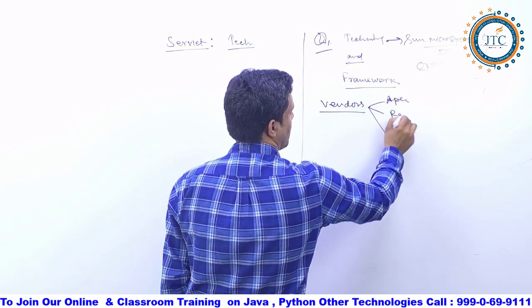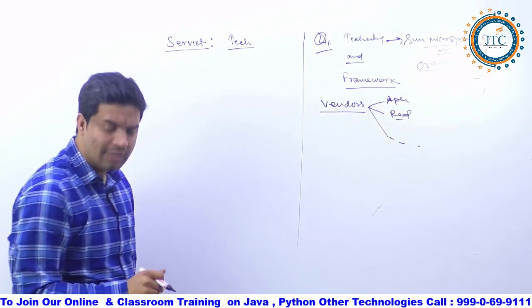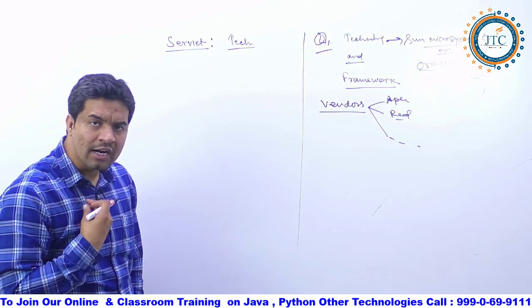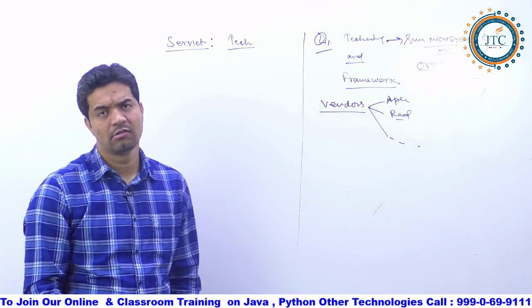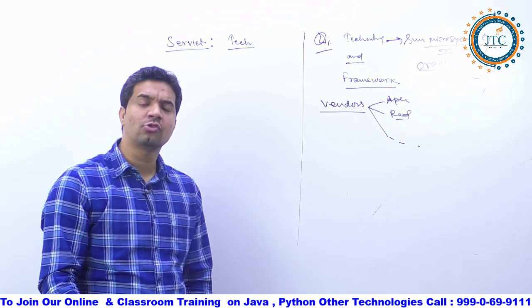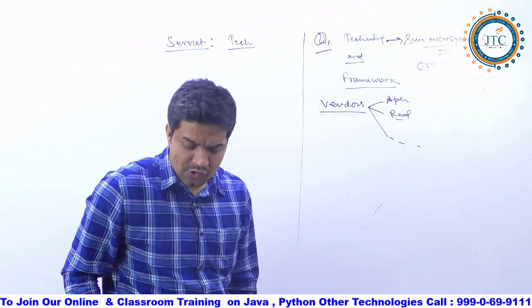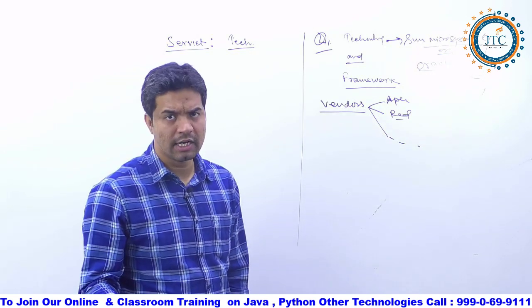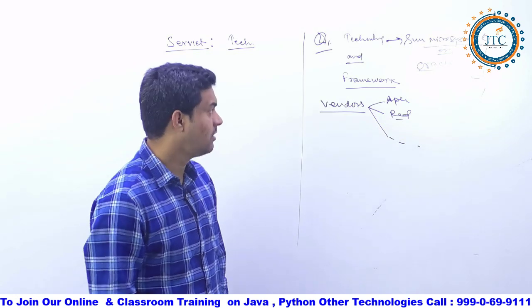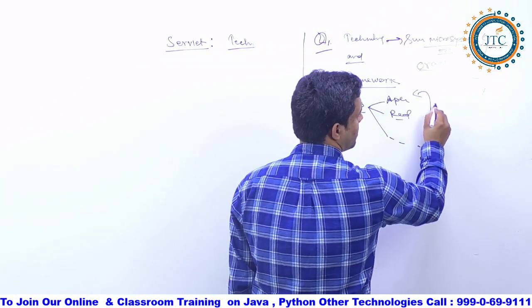There are other vendors also. They agreed that they will write different sets of APIs just to solve some of the problems related to the developer community, correct? But for that, they haven't developed their own basic API.